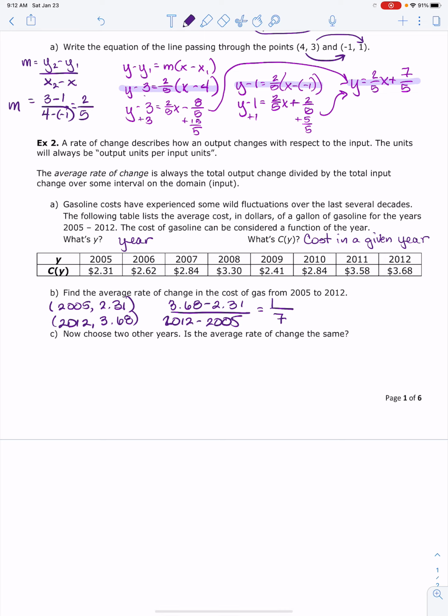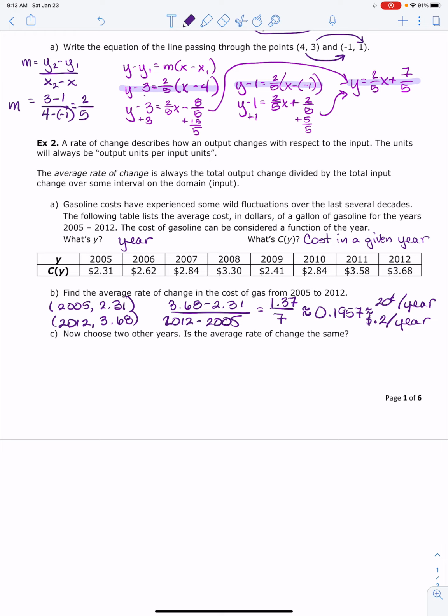It changed $1.37. And we know what it's like. That goes up and down. And so we get approximately 20 cents per year, or $0.20 per year. We want to make sure our labels are correct.